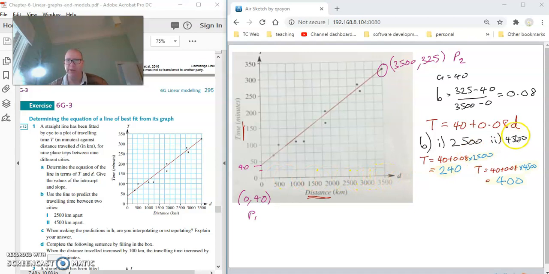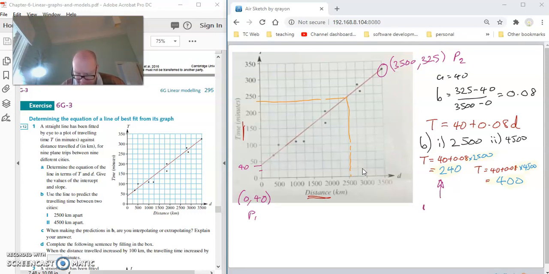So we're looking at the bits we're replacing, this 2,500 and a 4,500. 2,500 comes in here and it goes up. So that's the first point we're looking at, and it comes up in here. Okay, and that matches around about 240. And we can see that our formula has worked. So in this case, of course it's inside the values, we can safely say that that is interpolating.